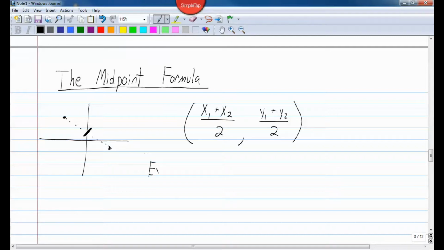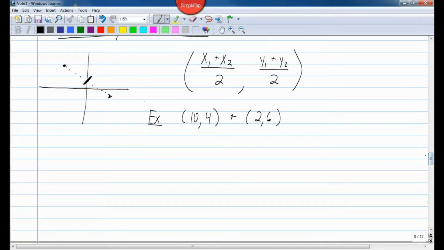So, for example, let's say I wanted to find the midpoint between the points (10, 4) and (2, 6). So, label your points.